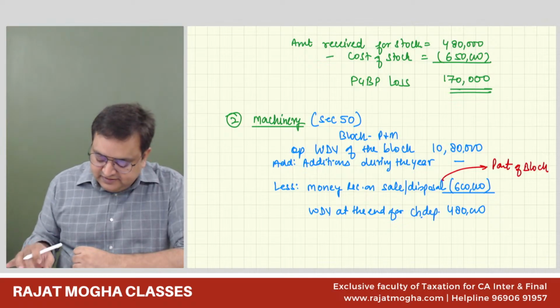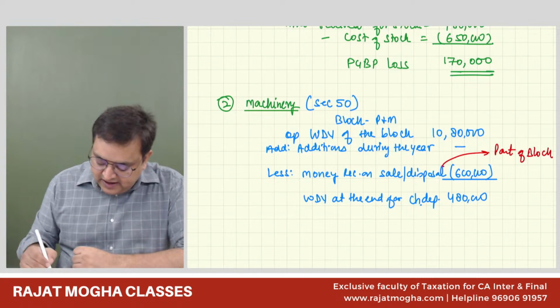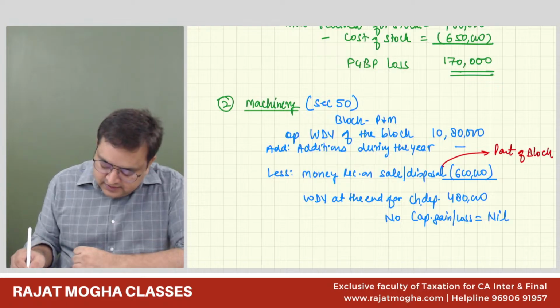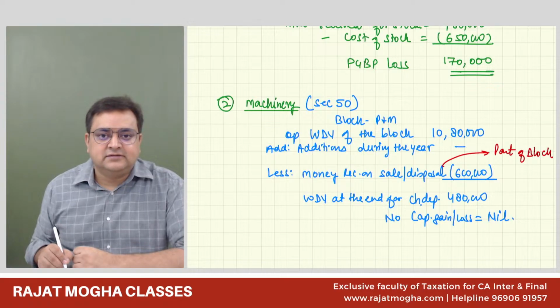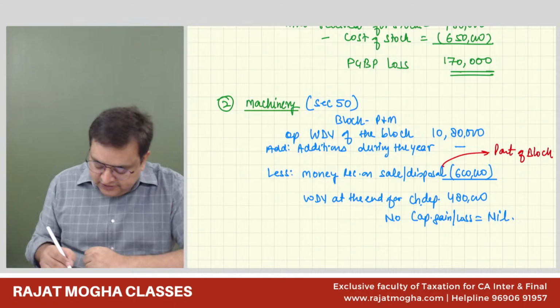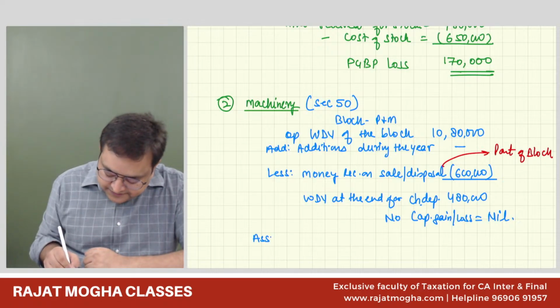For charging depreciation, 4,80,000, and there would be no capital gain. No capital gain or loss. Nil. In that case, this would be the case. So if you are writing this, then you have to make an assumption.